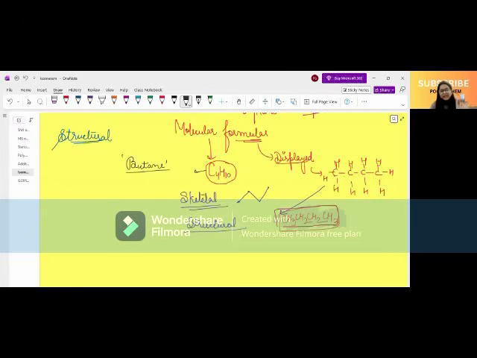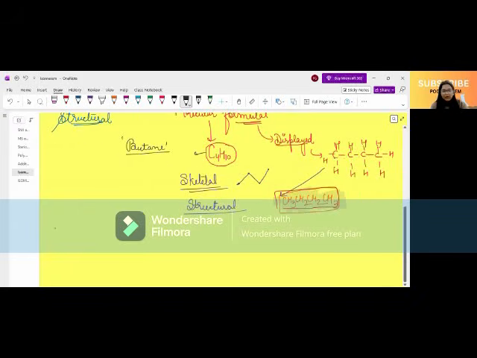Let's talk about the very first isomer, which is chain isomer. Let's do it for butane only. So you have first CH3, CH2, CH2, CH3. This is the very first possible isomer.